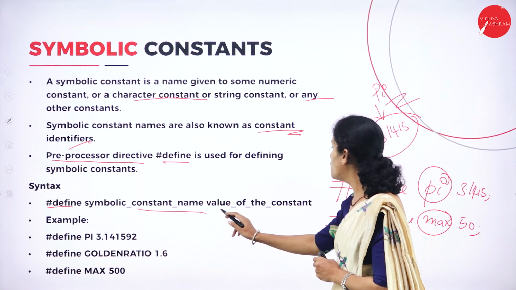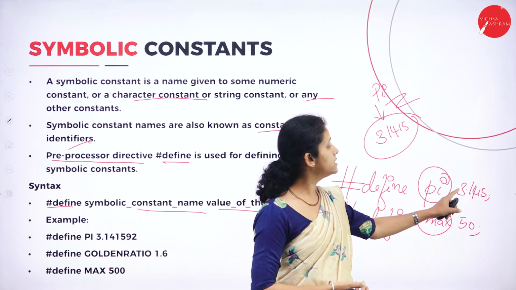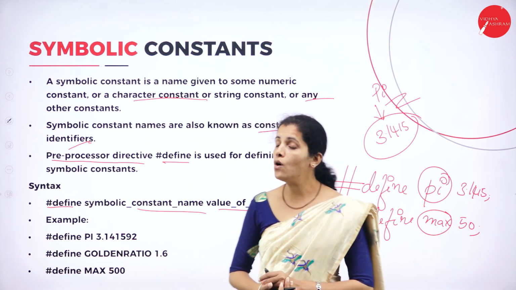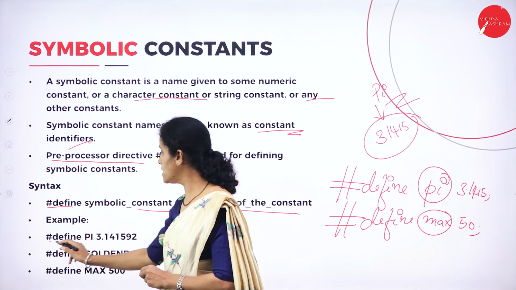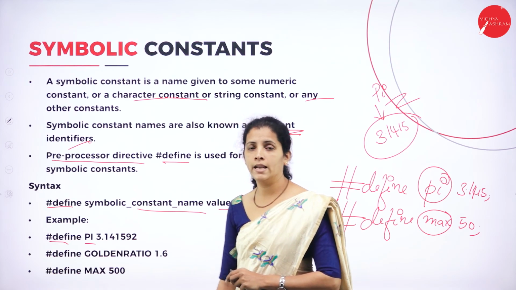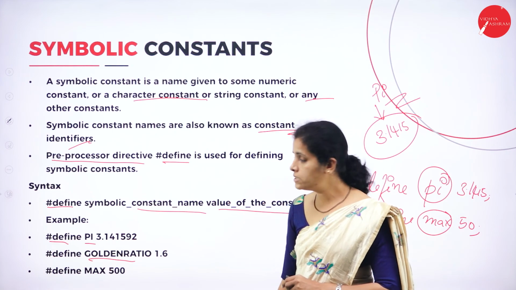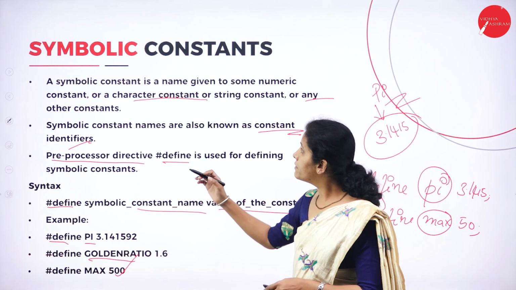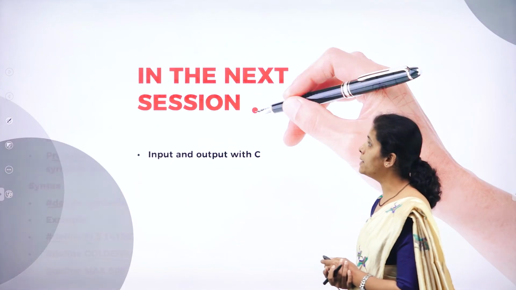Along with that, the value of the constant. So what is the value of the constant here? It is 3.1415 and 50. Along with that, I have the examples: hash define pi 3.141592, gold rate 1.6, and max 500. So this is the way I can define a symbolic constant in my program.